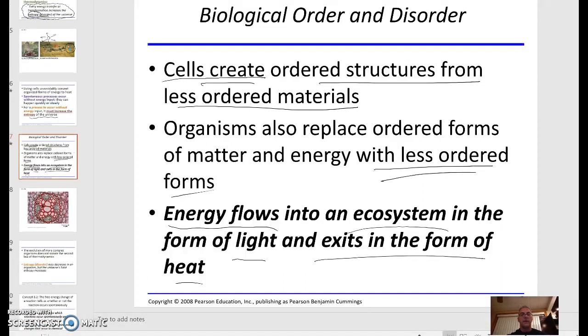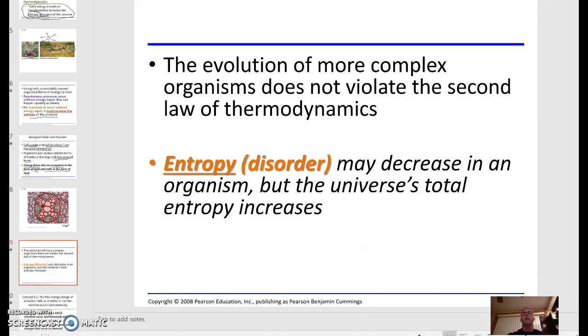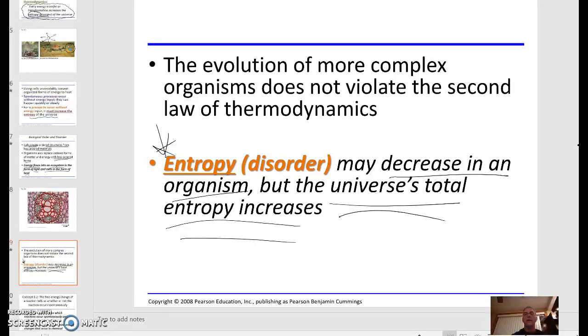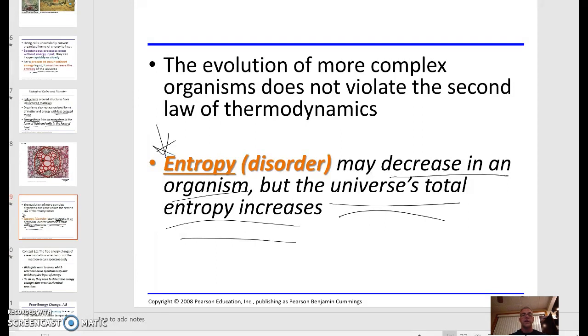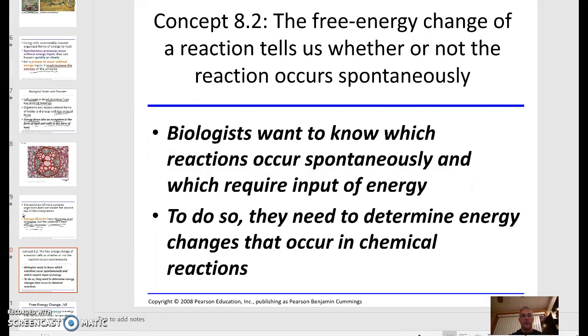Okay? And that, like I said, is a little bit of a difficult thing to follow. So that kind of highlights that right there in this statement. The decrease of entropy in an organism is okay as long as the sum total of everything that's going on across the universe leads us to a greater amount of entropy.